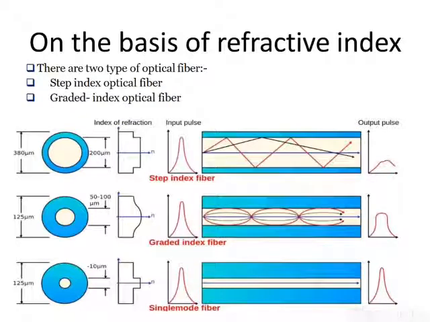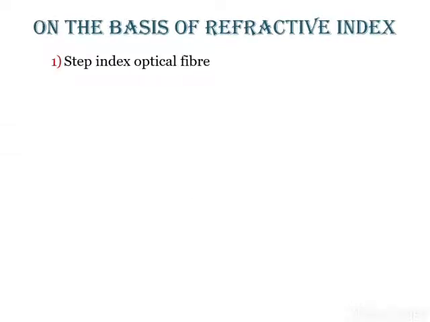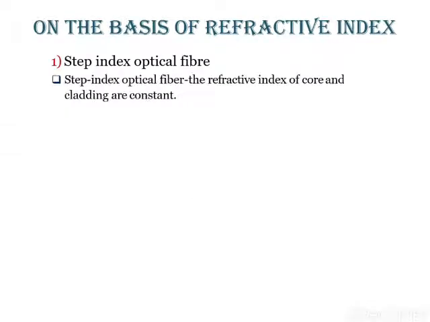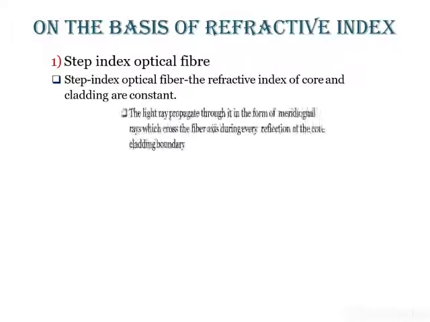On the basis of refractive index, they are classified in two categories: step index optical fiber and graded index optical fiber. The figure shows the step index optical fiber and graded index optical fiber. Step index optical fiber. In step index optical fiber, the refractive index of the core and cladding are constant.